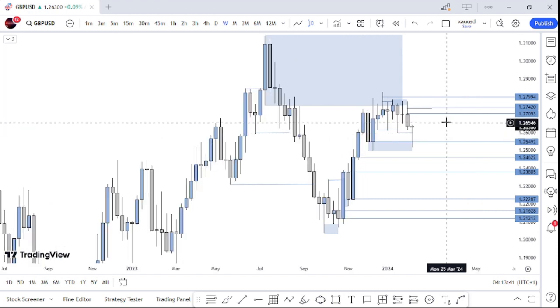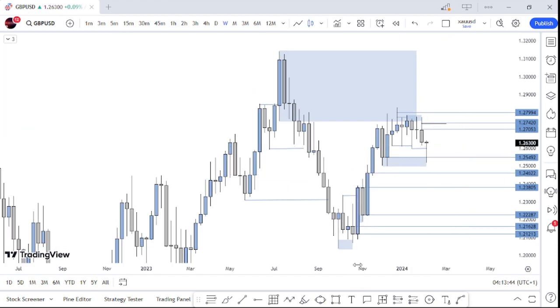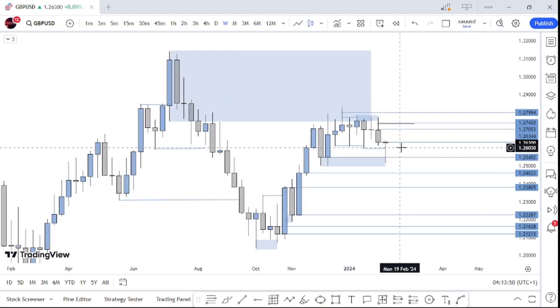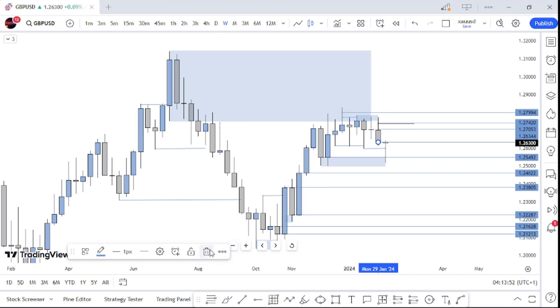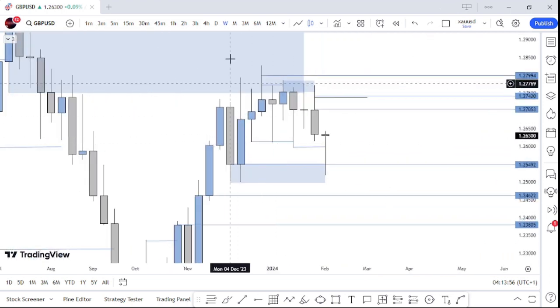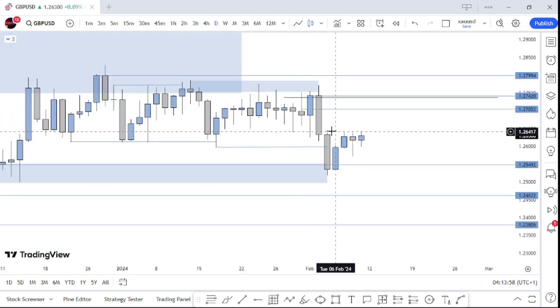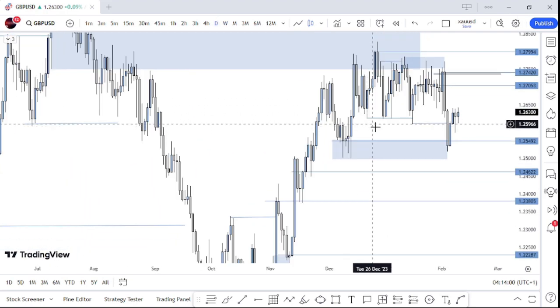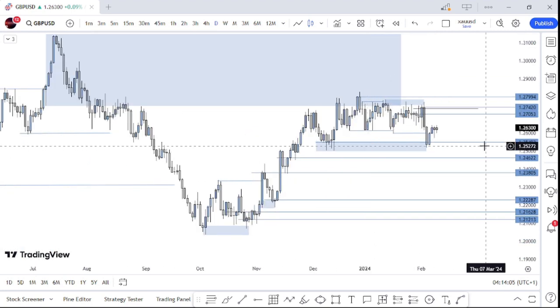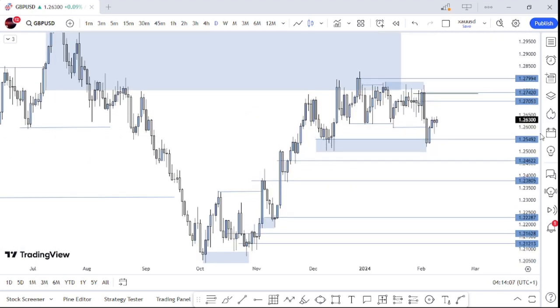Anything that pushes price from this level takes price down to this level. But I don't want to start predicting far in price, so let's just stick to the new week's bias and what we expect for the week.